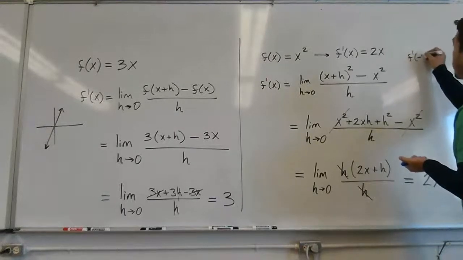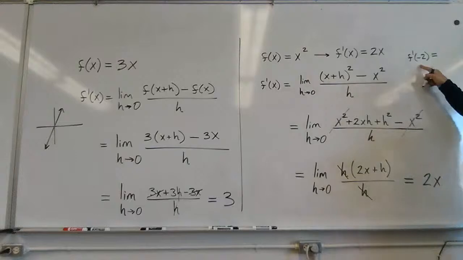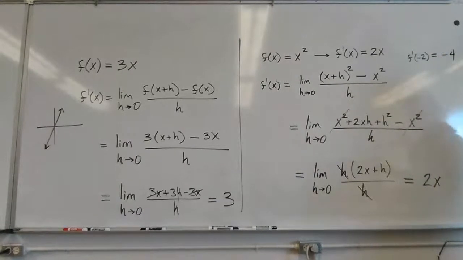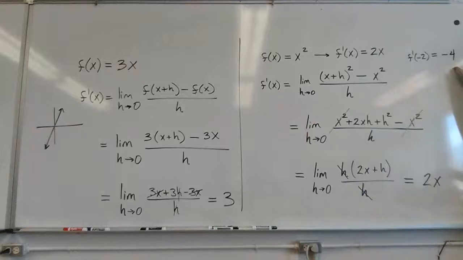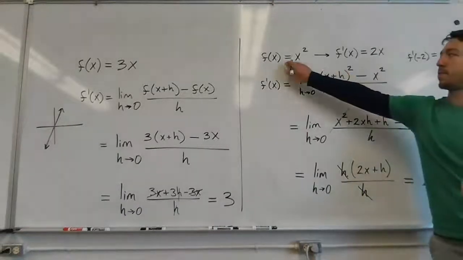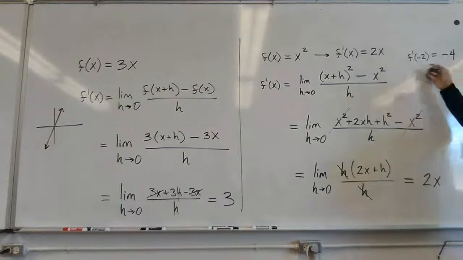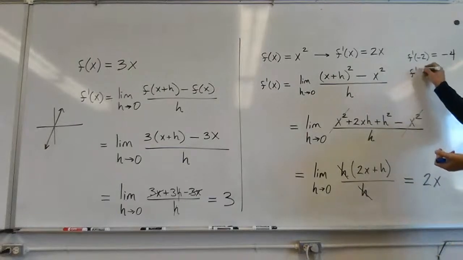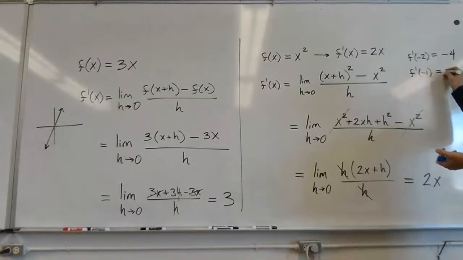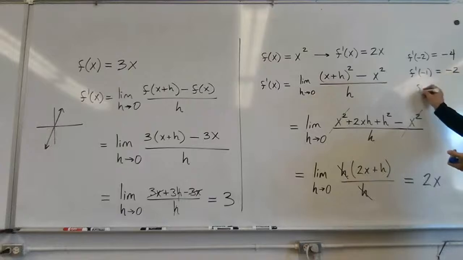What's the answer to this question? -4. Yeah. So that is the answer to how steep is a basic parent function parabola when x is -2? The answer is it's exactly -4 steepness. How about f prime of -1? -2. How about f prime of 0? 0.